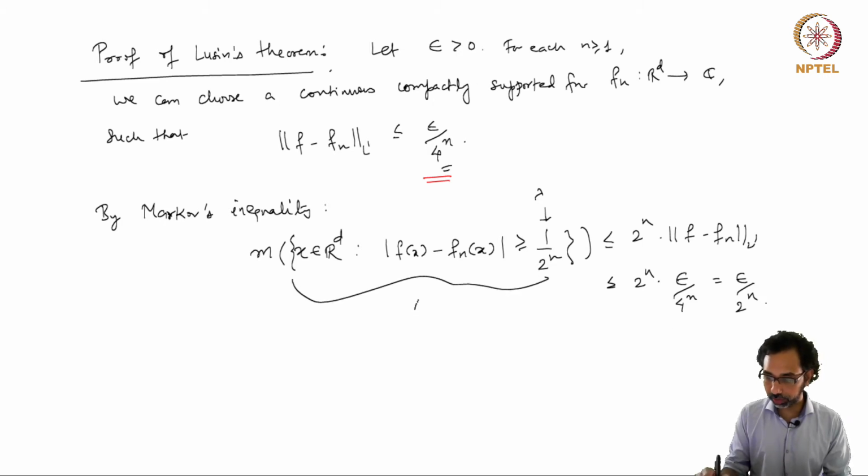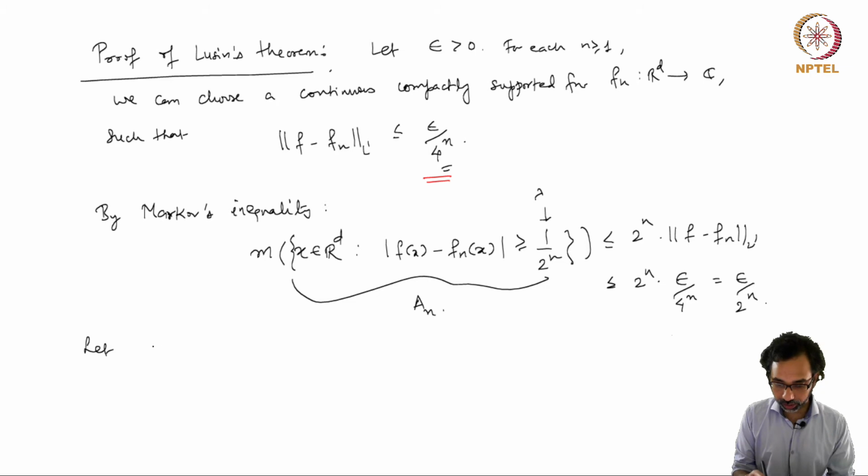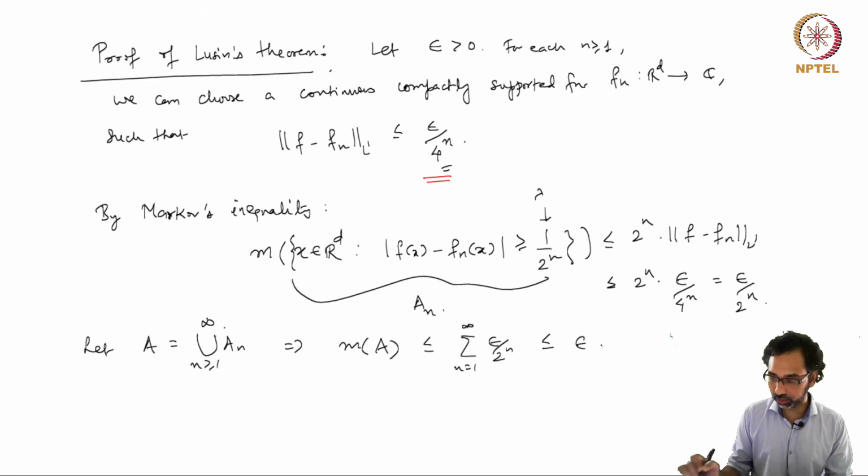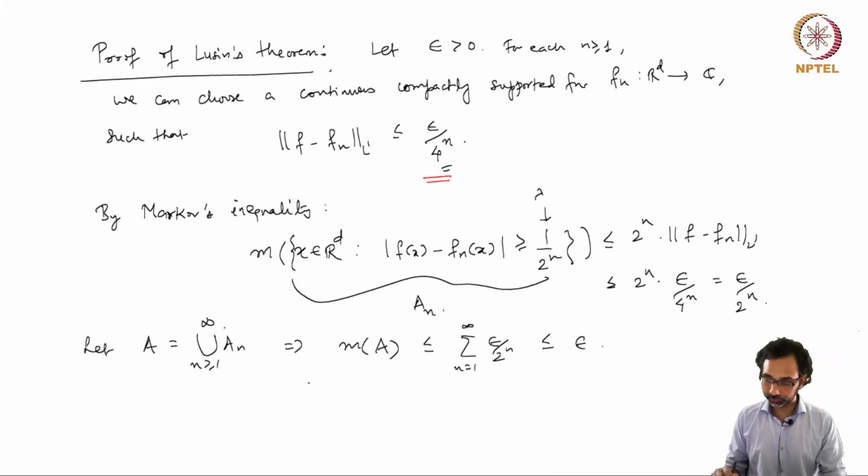So now let me denote this set by An, and let A be the union of An's, n greater than or equal to 1. So the measure of A is less than or equal to the sum of epsilon by 2 to the power n, n equal to 1 to infinity, and this is less than or equal to epsilon.